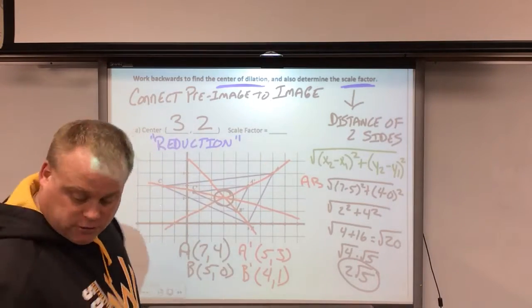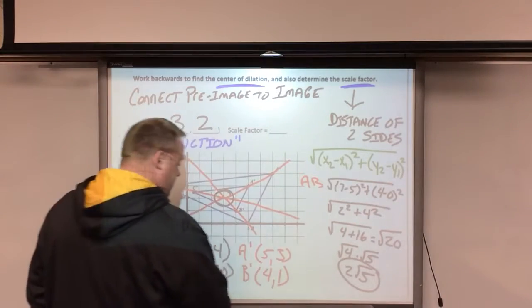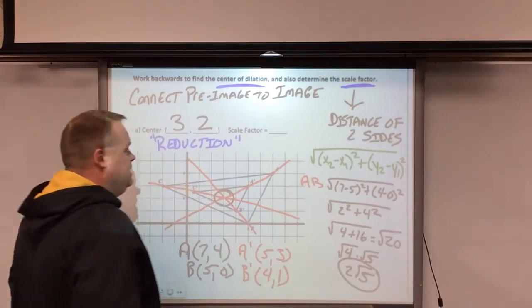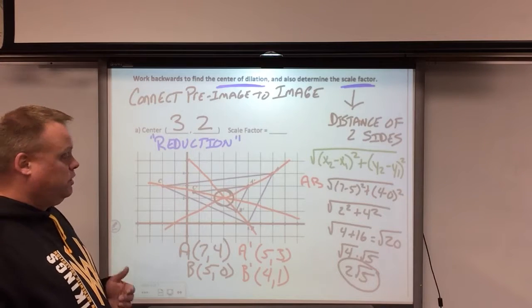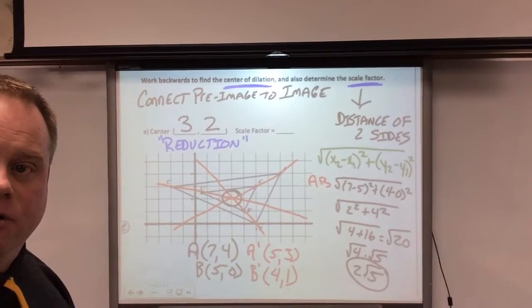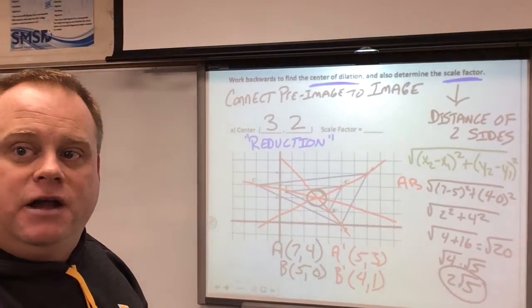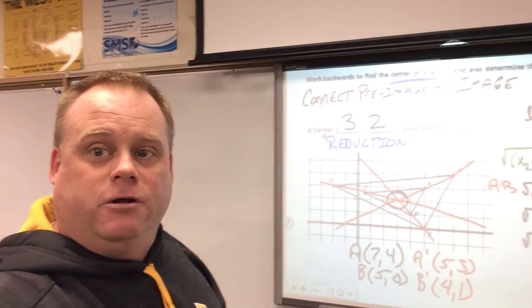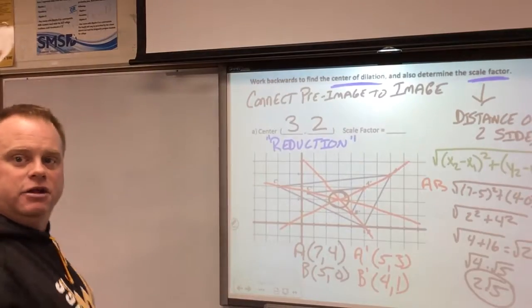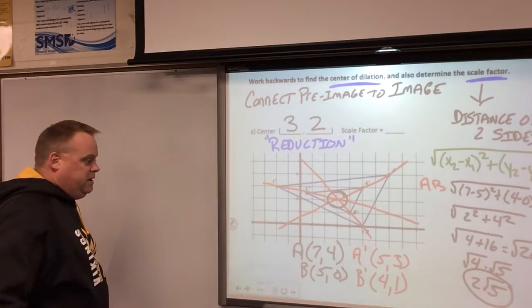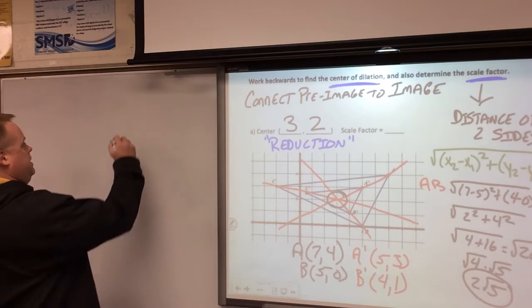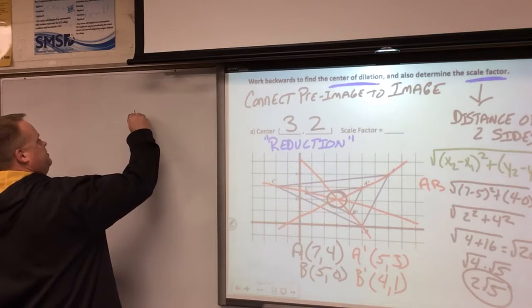All right, so let's do A prime to B prime. I'm running out of space, and you can see that. So we're going to turn the camera a little bit, and I'm going to write on the dry erase board here so you can see that, okay? So A prime to B prime.